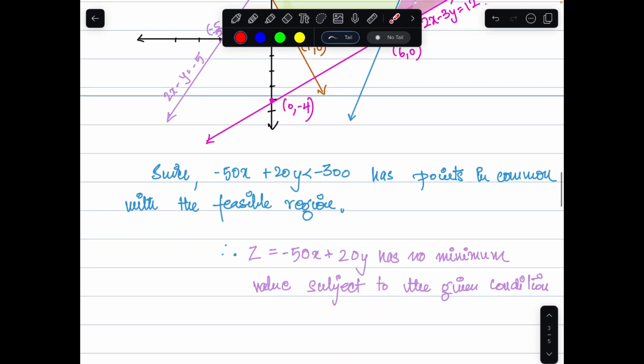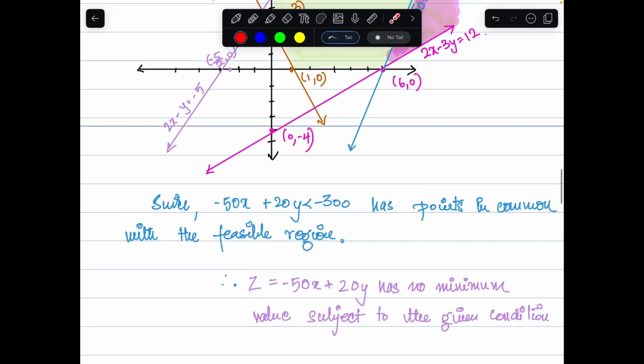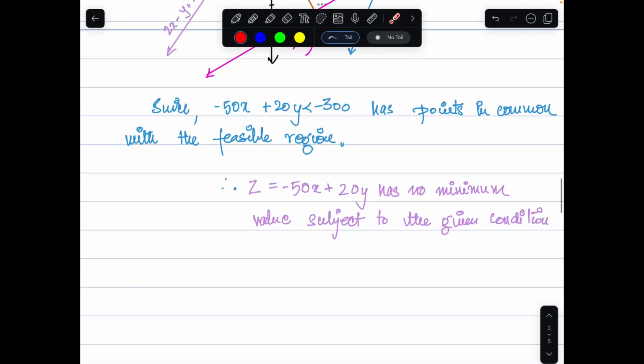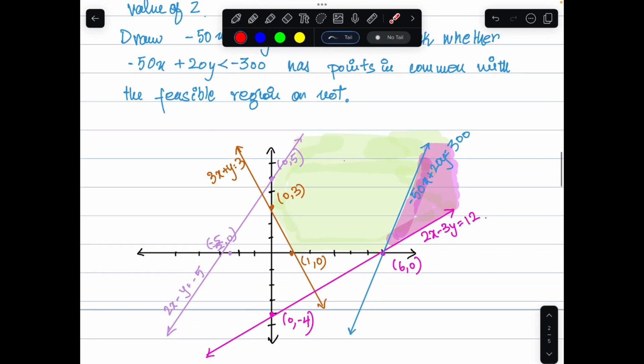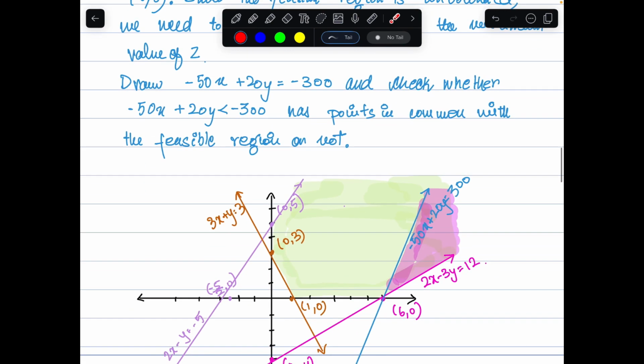We need to get a unique solution, or at least let's say one or two points. I cannot name the points because there are infinite points for which you will get less. So here the answer is: no minimum value. Whenever you get a minimum or maximum value, go and check by contradiction.